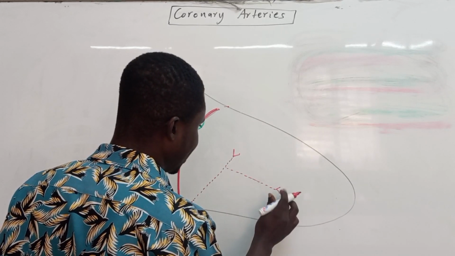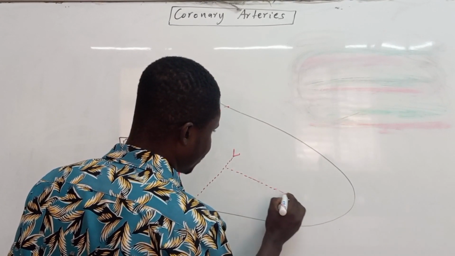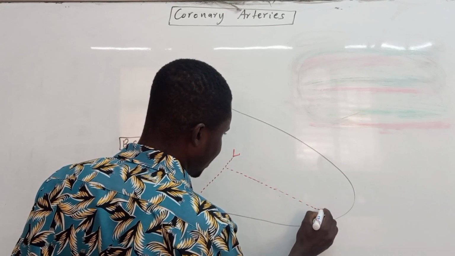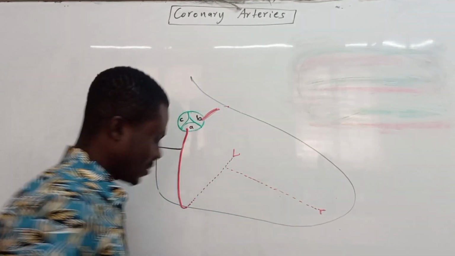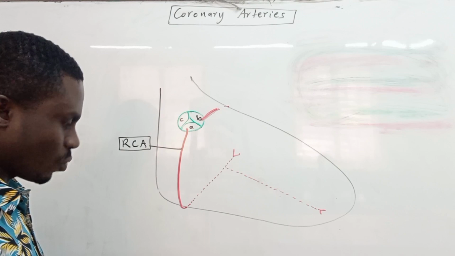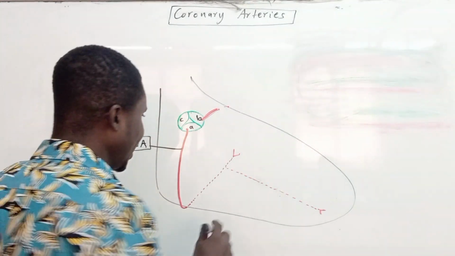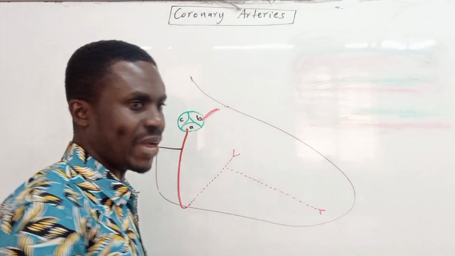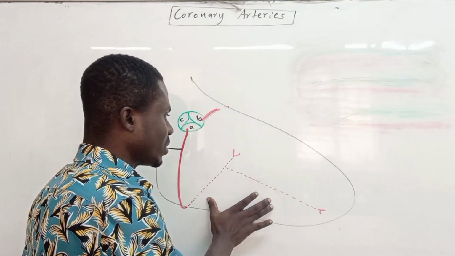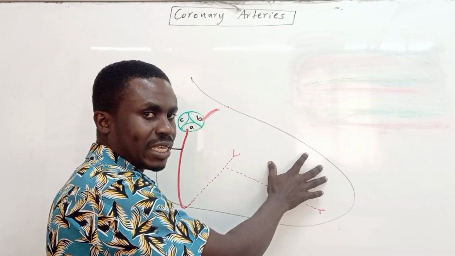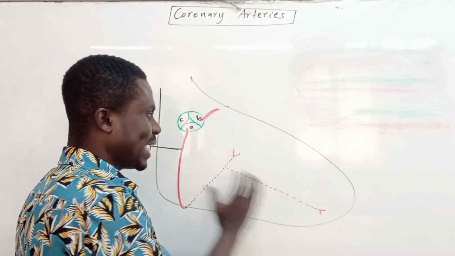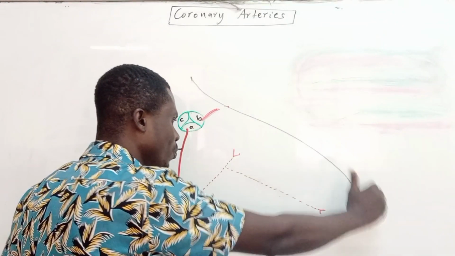Let me say up to here. It may even move. Let me put it over here. So this one is what we call the posterior interventricular artery. Now remember, we have the right ventricle and the left ventricle over here. I've told you that there's the right side and the left oblique border.